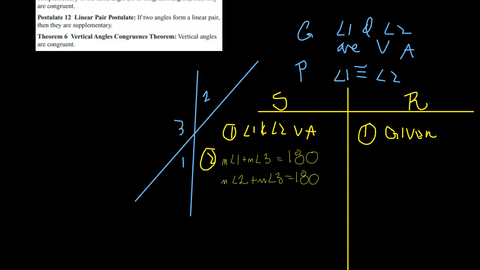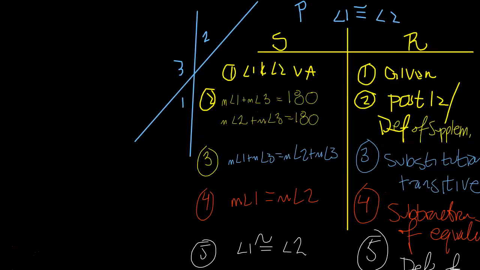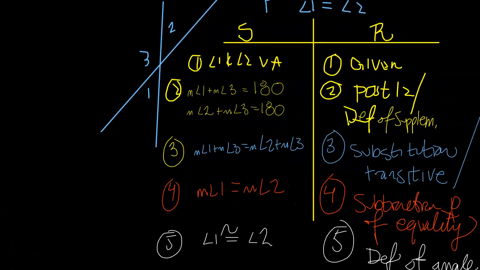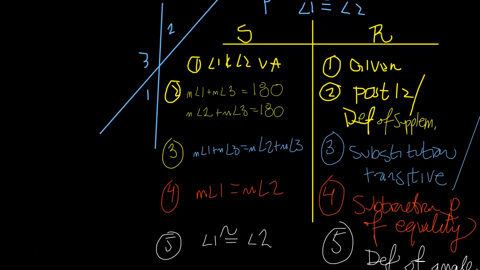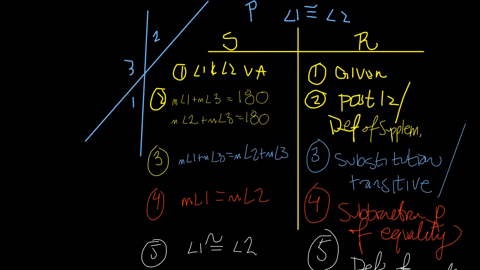So over here, I might either cite postulate 12, I'm having a hard time writing that, slash maybe definition of supplementary. Let me zoom in and write this out. Okay, so I just added the rest of the steps because my tablet is being terrible. So we just did step number 2, definition of supplementary.